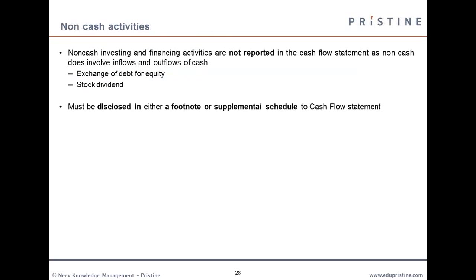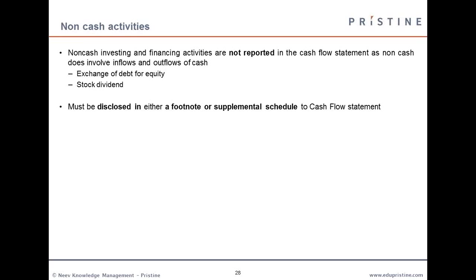So that's basically it. Non-cash activities like stock dividends or exchange of debt for equity, convertible debt, all these don't have a place in the cash flow statement, as these do not involve any exchange of cash. For example, in case of stock dividends, you give additional stocks to people, which doesn't really result in any additional cash that you get.